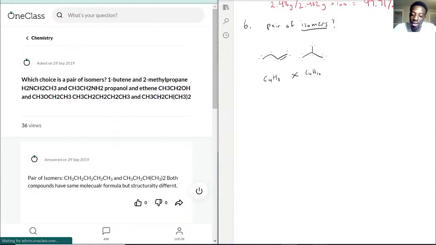These are not a pair of isomers. So the first one is not it.